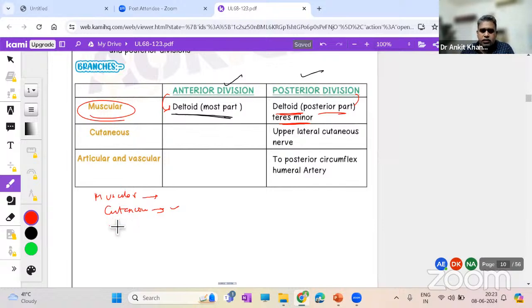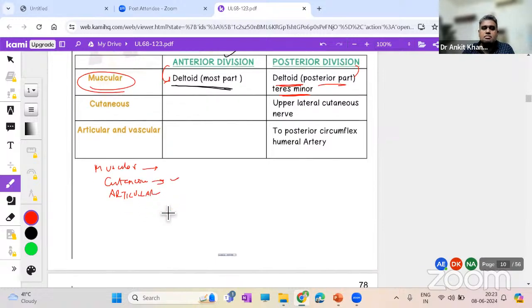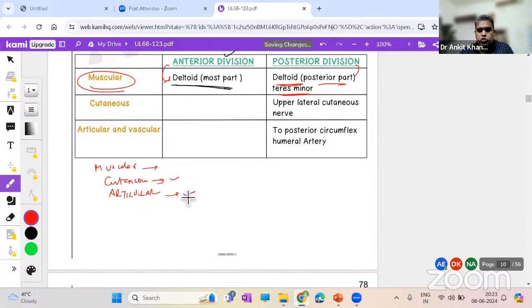Then say it has some articular branches also. By articular, we mean branches supplying joints. Suppose there is any joint pain, the nerve will carry the pain. And then say it is giving some vascular supply. The vessels also need nerves. Why do vessels need nerves? Because of the sympathetic control, arteriolar dilatation and constriction. So likewise, you can expand your answer.